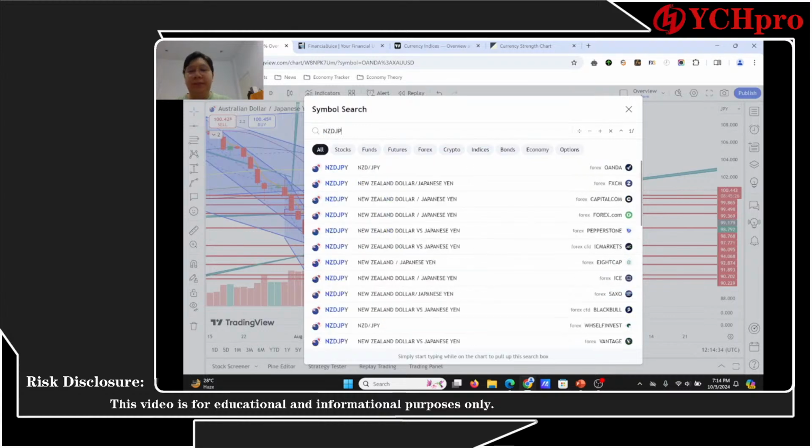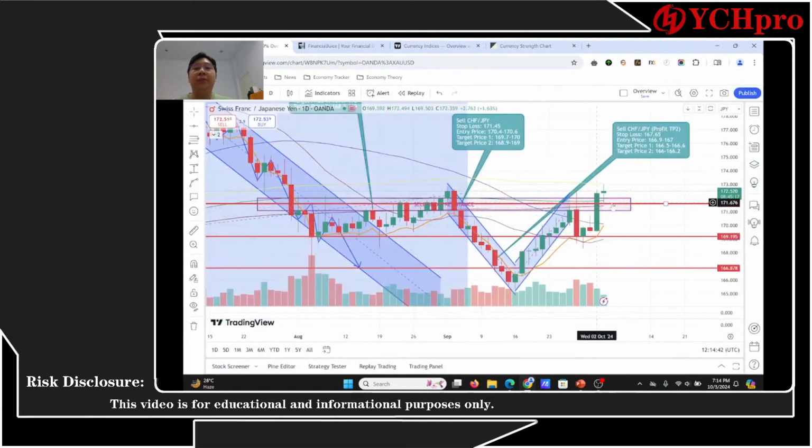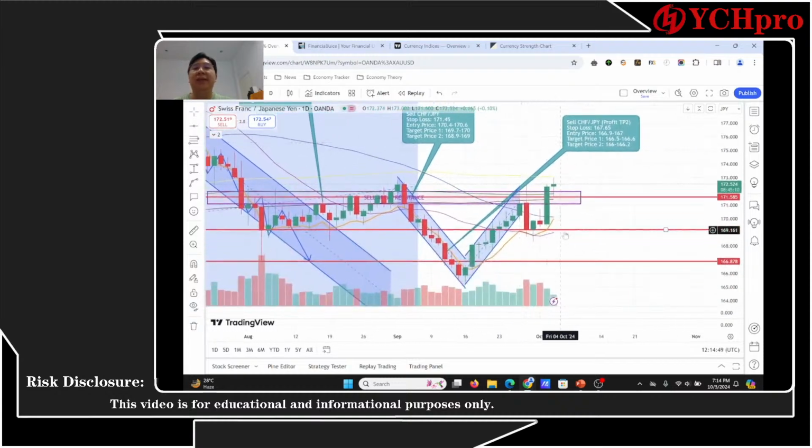And if you look at NZD Japanese yen, it's been much slower. And the last, Swiss franc Japanese yen actually could be one of the leading cases, and we could be probably seeing the possibility of it going higher faster compared to the US dollar, Japanese yen, guys. Okay.